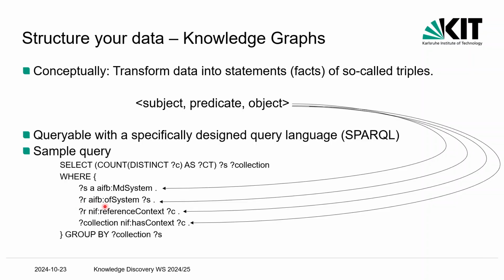And then we continue here. We see S is a system, and we want R to connect to the aforementioned S, with A of B off system, and so on. So there are certain links that we're creating here, certain jumps, as you may have it, in a knowledge graph.